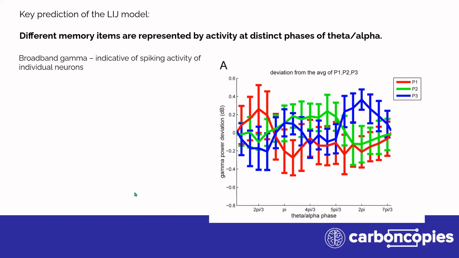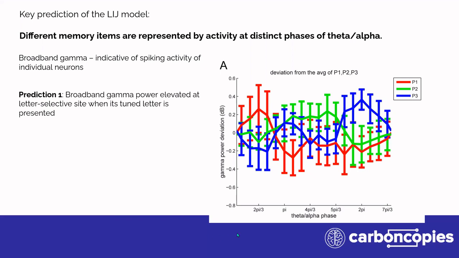The broadband gamma power is higher at an earlier theta alpha phase for items that were presented in P1 than for P2, and at an earlier phase for P2 than for P3. So we have that the broadband gamma power is elevated at letter selective sites when its tuned letter is presented.